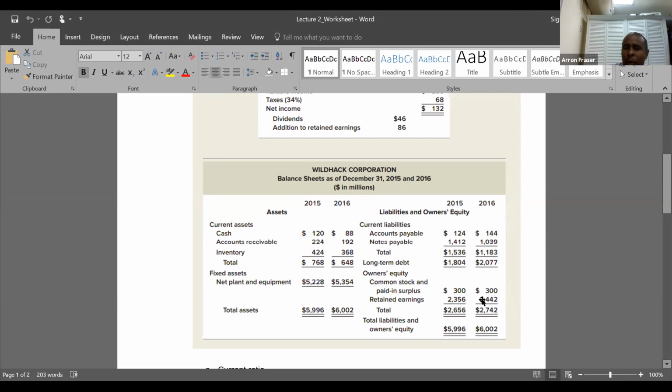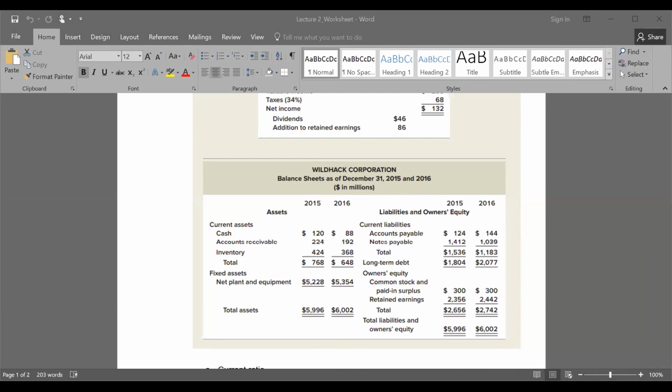So that makes up owner's equity or total equity, right? And then you divide that by the total assets of $6,002, and that will give you 54.3%. So you'll say in running your business, it is financed by 54.3% debt.